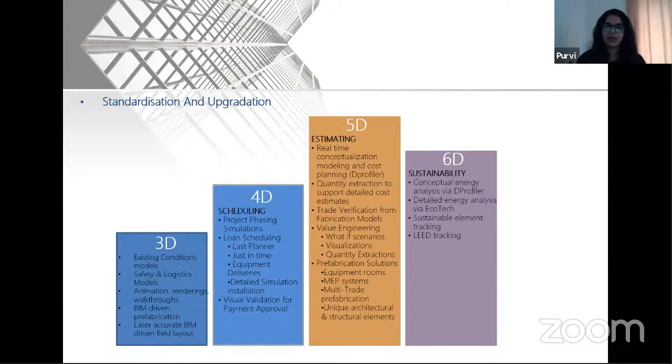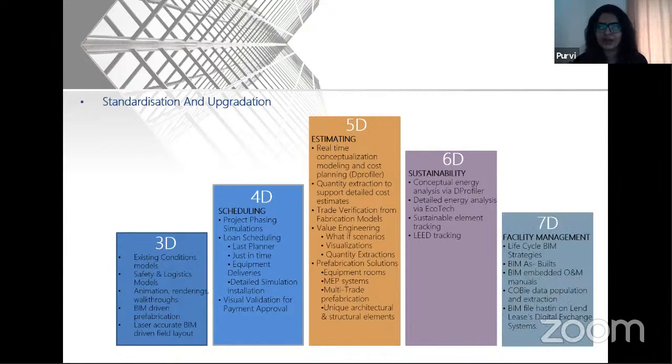So in 6D, everything related to green buildings is executed. And lastly, you have 7D, which is facility management. You have the as-built here, and all the information that is exchanged digitally will be managed in 7D.